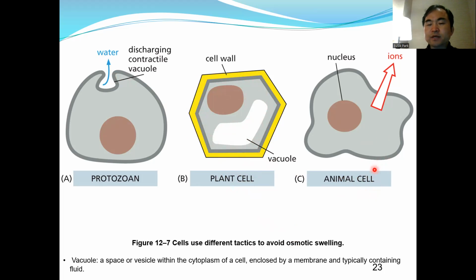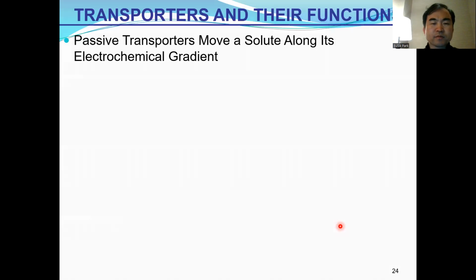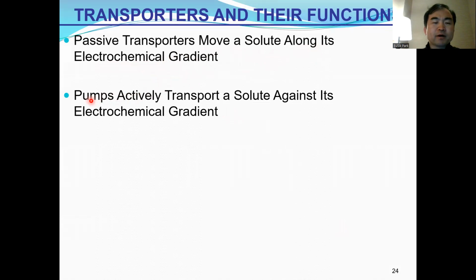In animal cells, we use an ion pump to avoid osmotic swelling. And passive transporters move a solute along its electrochemical gradient. Pumps actively transport the solute against its electrochemical gradient.